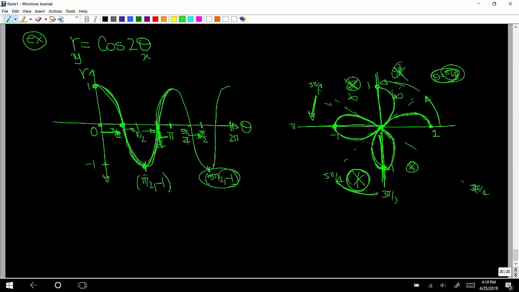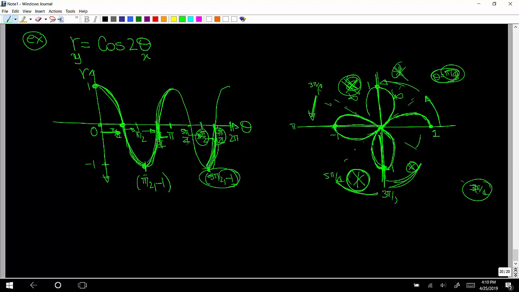And then between 3 pi over 2 and 7 pi over 4, r values are still negative here. So instead of being in this quadrant here, sorry, where are we at now? Yeah, instead of being here, remember this is 7 pi over 4, because the r values are negative, they're going to be up here 180 degrees on the other side, and they're going to go back to 0.